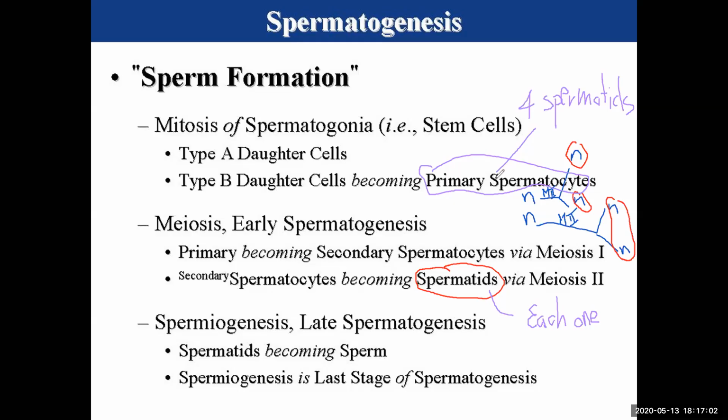So you can introduce genetic diversity into a population of species, in this case, the human species. The reason is each haploid daughter cell resulting from meiosis 1 and meiosis 2 is genetically unique.